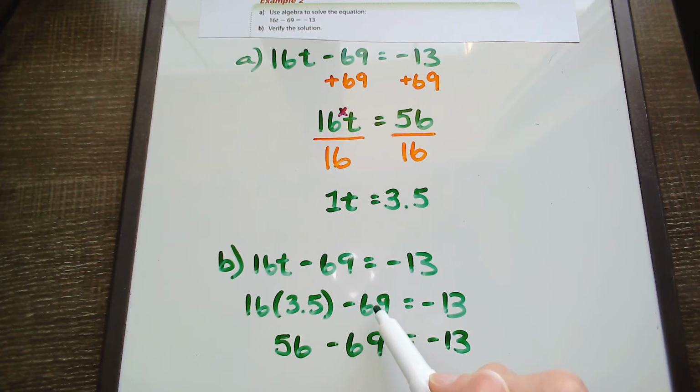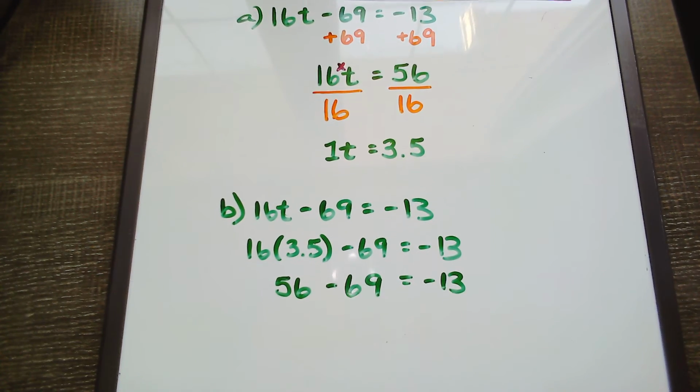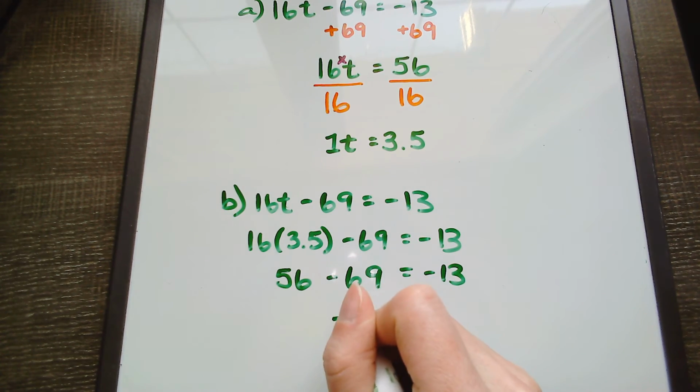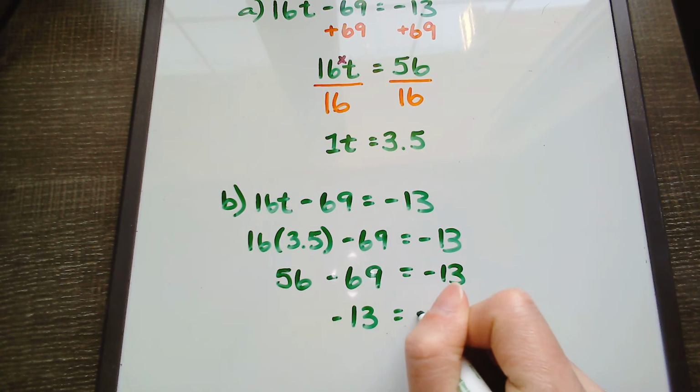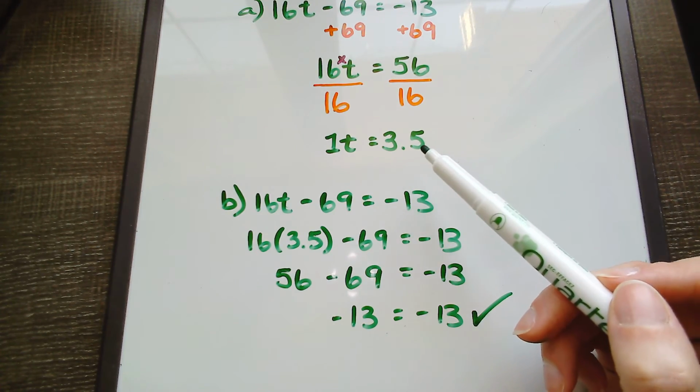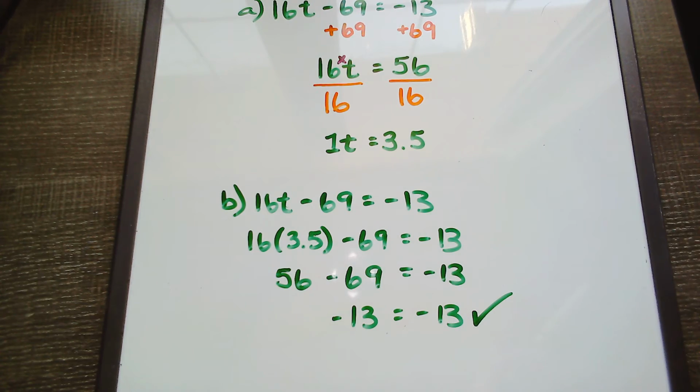Remember, this is going to tag along. It's that annoying sibling. Hasn't been dealt with yet. And then 56 minus 69. Put that in our calculator and it will give us negative 13. Negative 13 is equal to negative 13. So 3.5 is the correct answer.